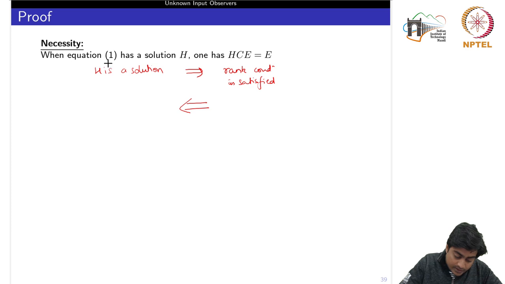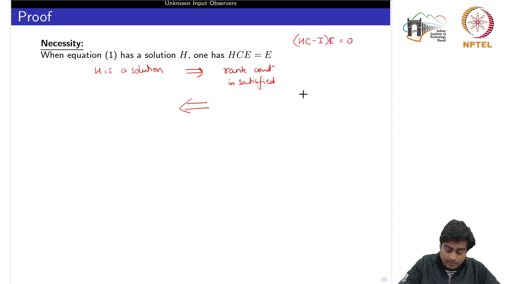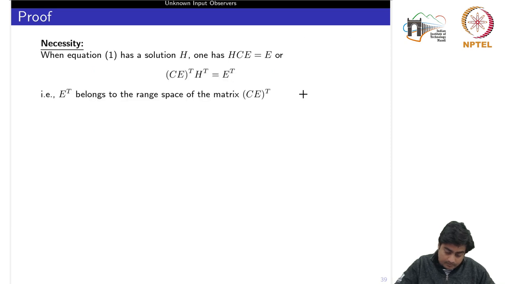When equation 1 has a solution H, I can write HCE is equal to E, because we have HC minus I times E equal to 0. Now I can also write this by taking the transpose on both sides: CE transpose H transpose becomes equal to E transpose.